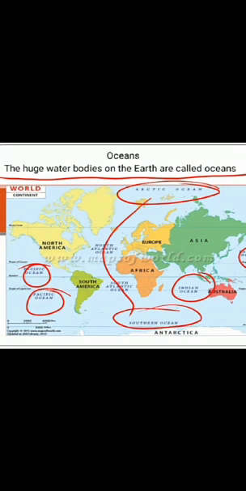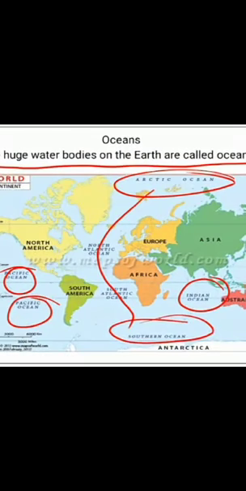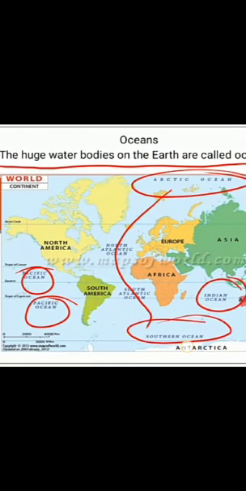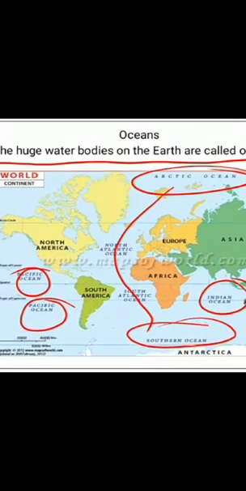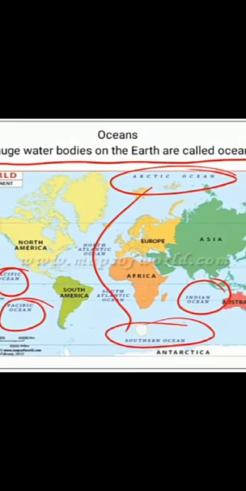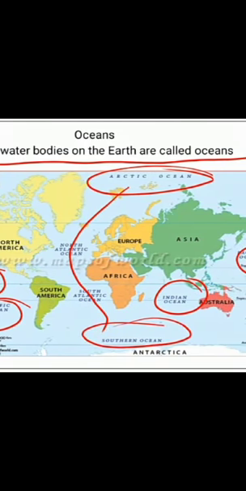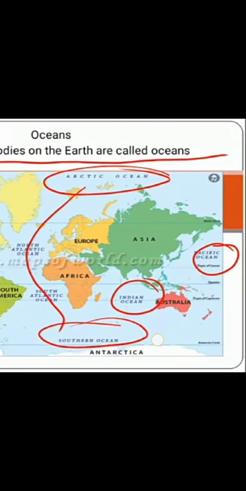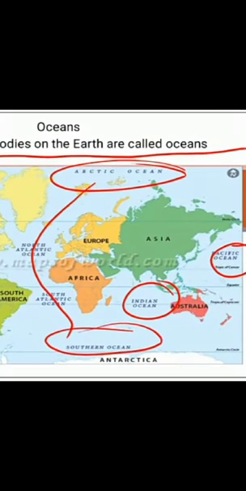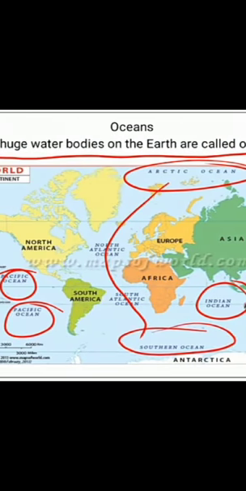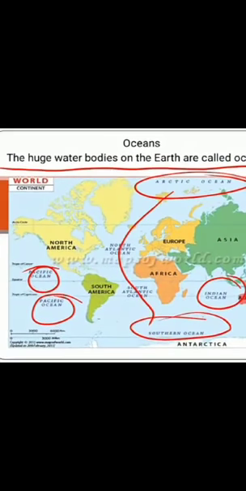You can see in this picture, these are the oceans: Pacific Ocean, Arctic Ocean, Indian Ocean, and the Pacific Ocean you can see on this side also. So these are the oceans, this blue part, which is the part for water bodies.